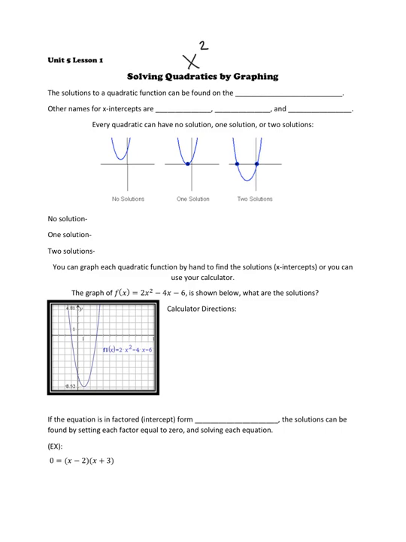So for your first couple of vocab blanks, the solutions to a quadratic function can be found on the x-axis. What you're looking for on the x-axis is places where the quadratic touches. Remember, when a curve touches the x-axis, that's called an x-intercept.